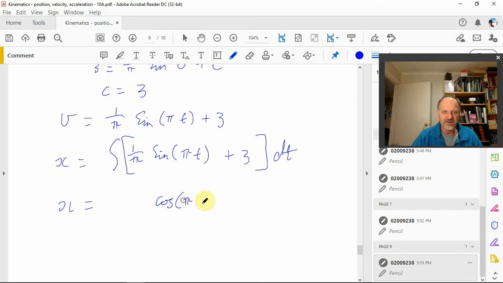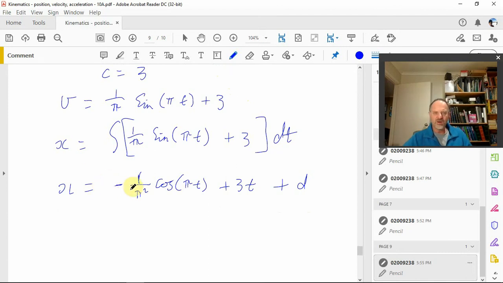Now, of course, when we differentiate cos, it goes to negative sine. There's no negative here, so we need a negative. And of course, we've got to go 1 over the constant here, which is pi, so we've already got 1, so we're going on 1 on pi squared there. And the 3, of course, it just becomes 3t plus some constant. I'm going to call it d so we don't get confused about the one up there because it's a different one.